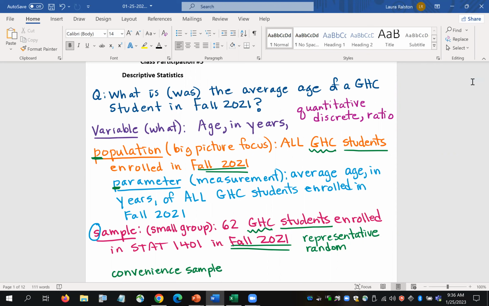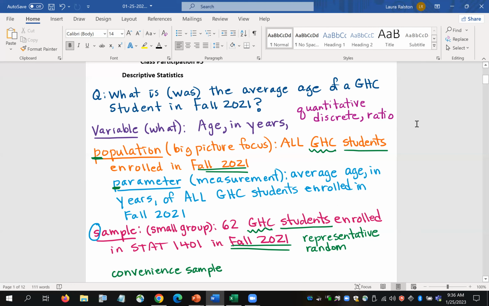The measurement that we ultimately want is the average age in years of all GHC students enrolled in fall 2021. And I pointed out to you, and I emphasized it because I wrote it out, that the parameter is connected to the population. They both start with the letter P.